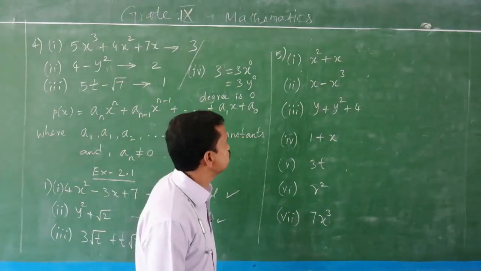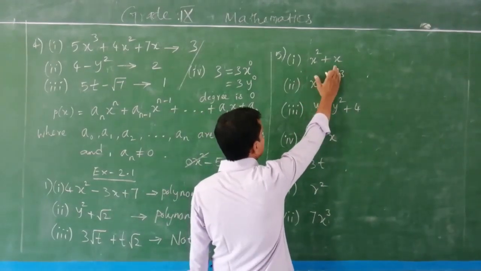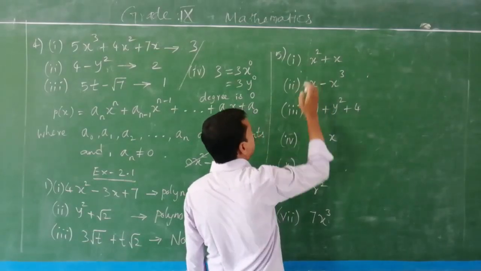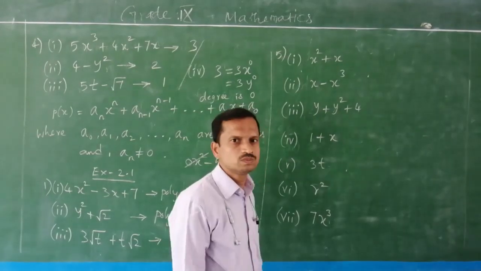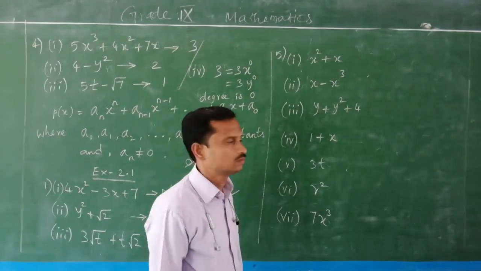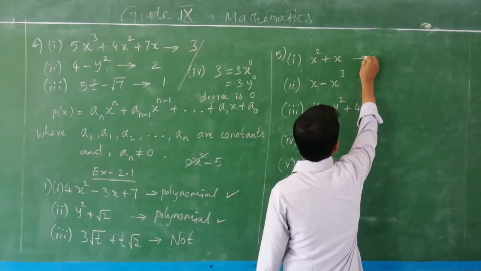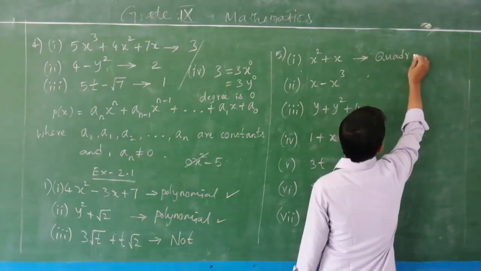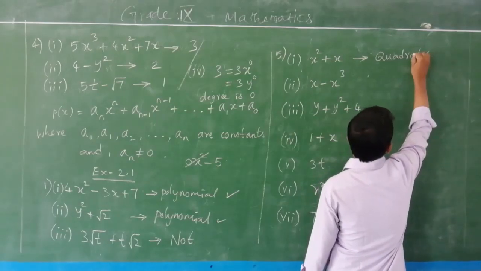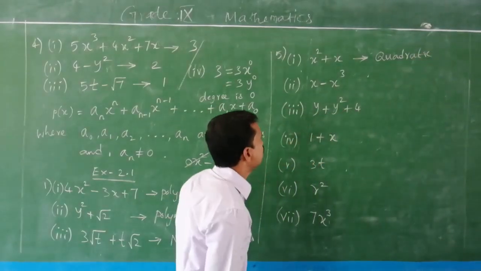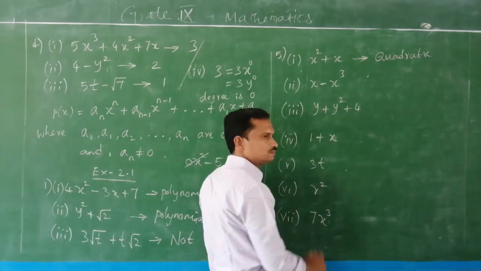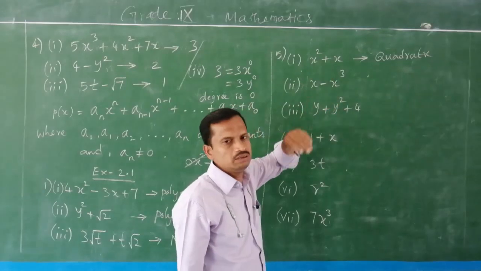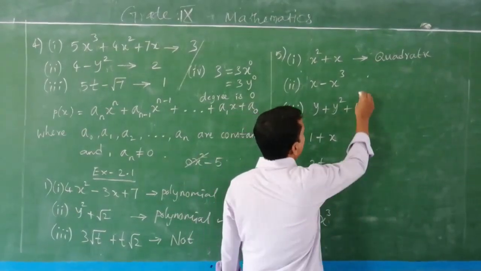For example, take x square plus x. The variable is x, and the highest degree of the variable is 2. Therefore it is a quadratic polynomial. In the next one, the variable is x, and the highest power of x is 3, so it is a cubic polynomial.